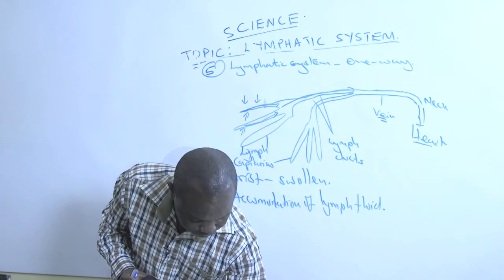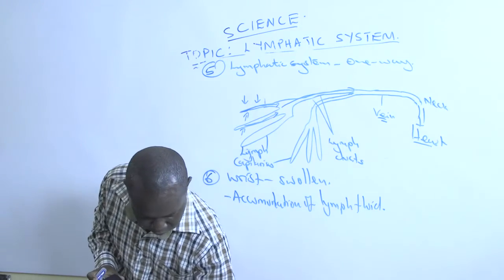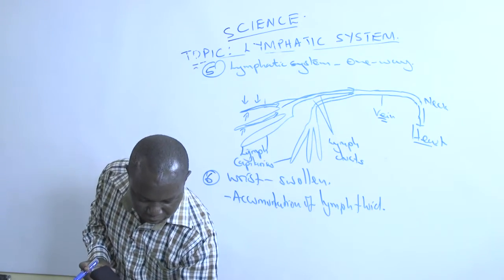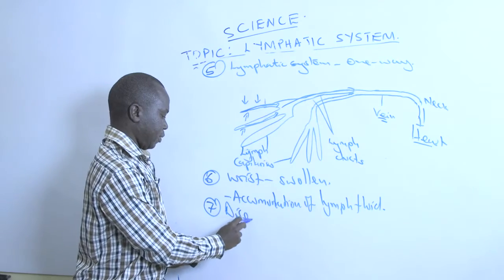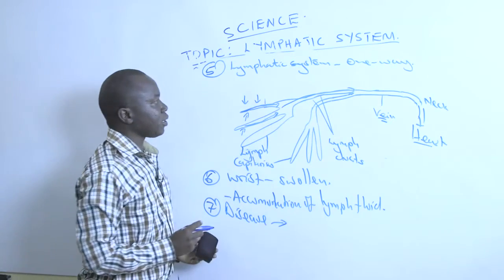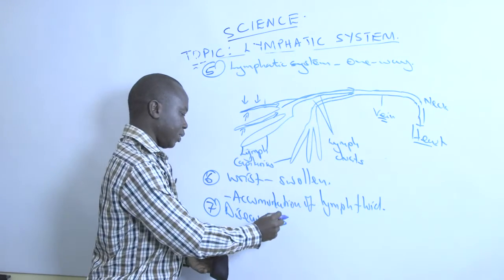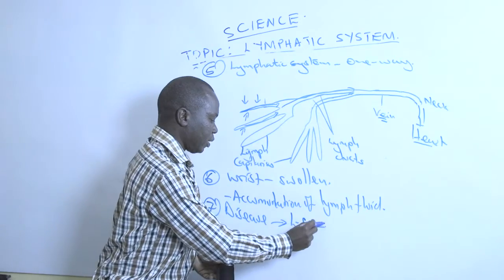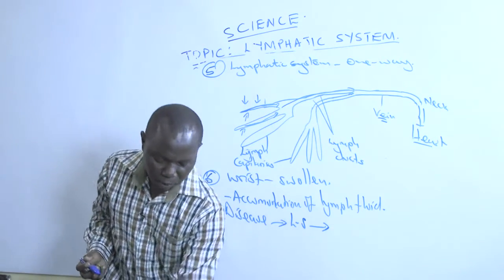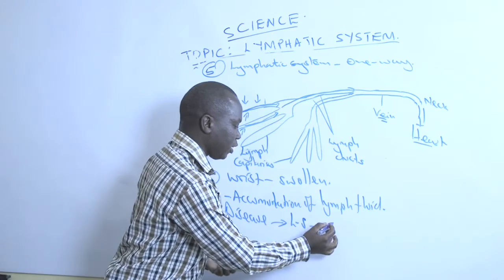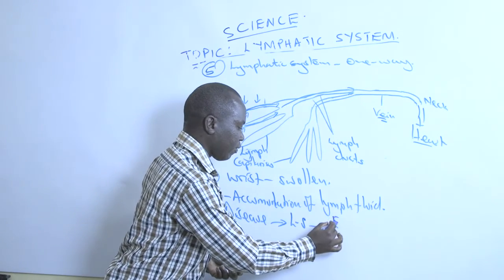The last question is, name one disease associated with the lymphatic system. One common disease, especially in the developing world, is elephantiasis.